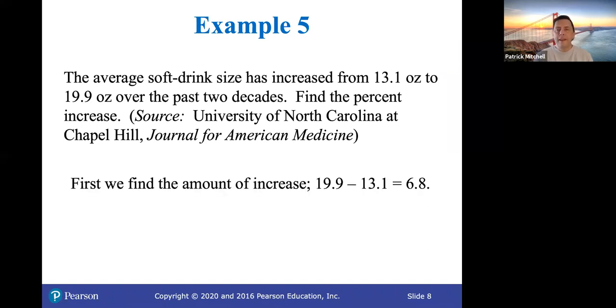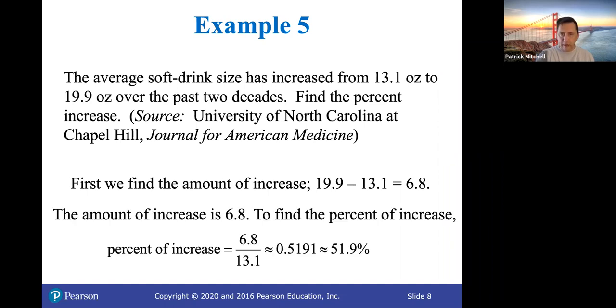So first you find the amount of increase. 19 9/10 minus 13 1/10 is 6 8/10. So we're finding out what percent is that of the original amount, 13 1/10. So if you ask your calculator what is 6 8/10 divided by 13 1/10, it comes up with this number, approximately 0.5191.